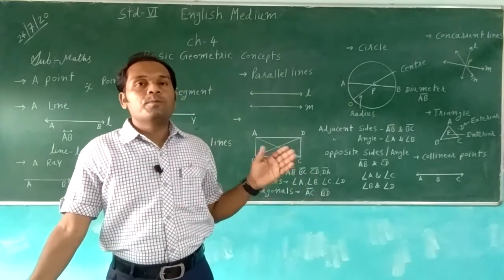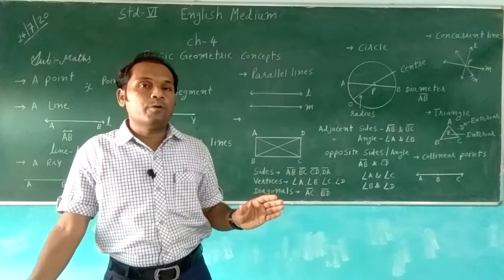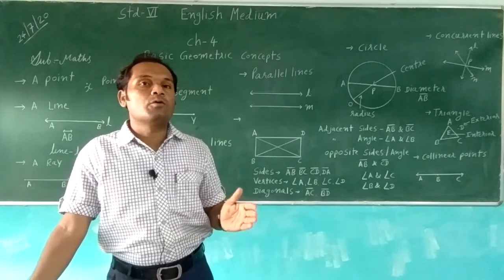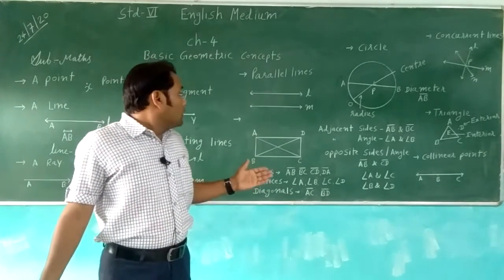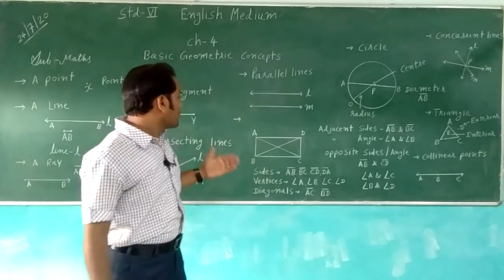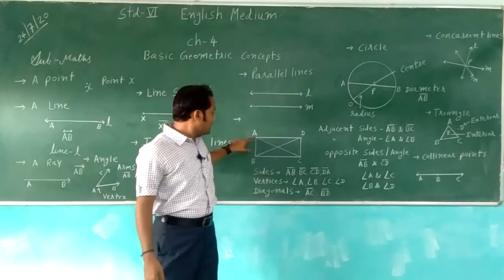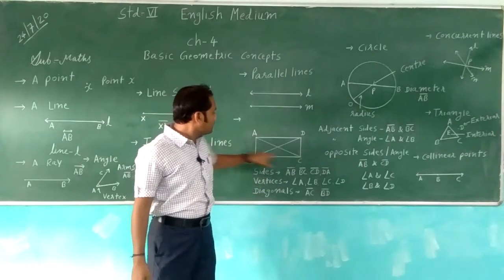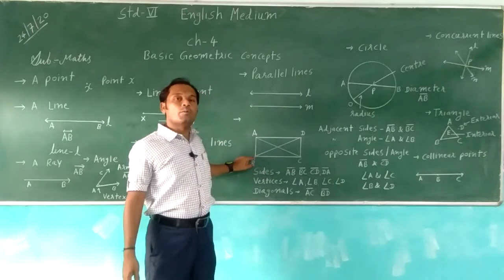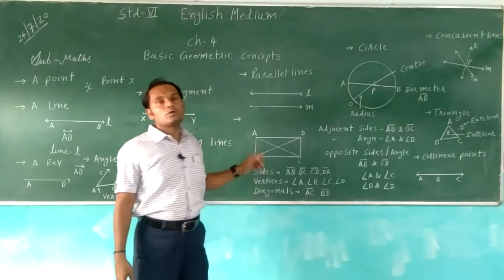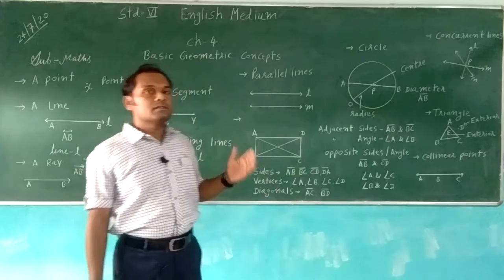If both lines have one endpoint, then both lines are called adjacent sides, because you can see line AB and line BC both have the common endpoint B. So they are called adjacent sides.